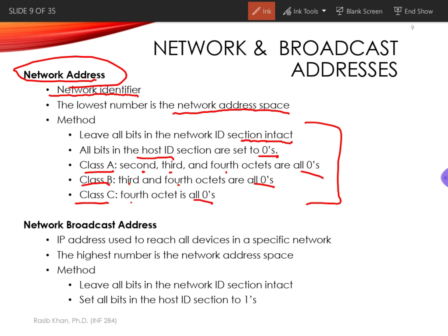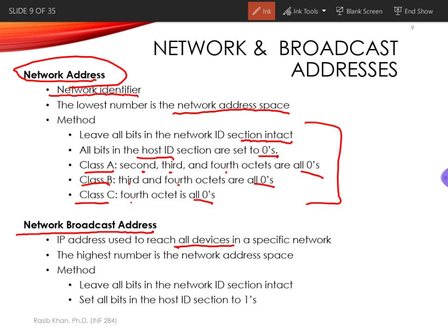There's another address which is closely related, something that we call the broadcast address. The concept of a broadcast address is that this particular address can be used by any host in a network to reach all the devices in that specific network.